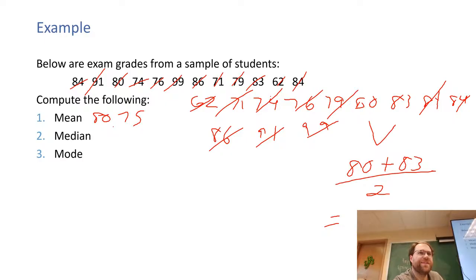Should give us what number? 81.5. Okay. And then the mode is the one that appears most often. So in that case, it would be 84.